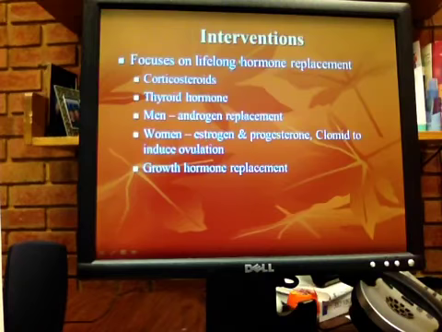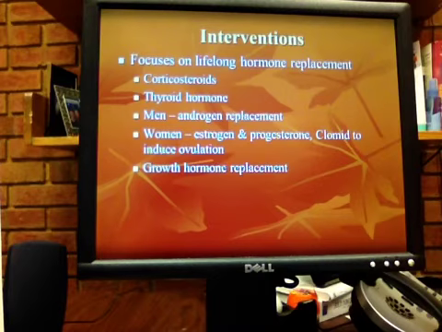Now, the interventions are going to focus on lifelong hormone replacement, corticosteroids, thyroid hormones. Men will get androgen replacement. Women will get estrogen and progesterone. Clomid can be used to induce ovulation.